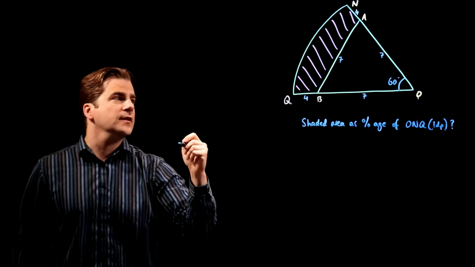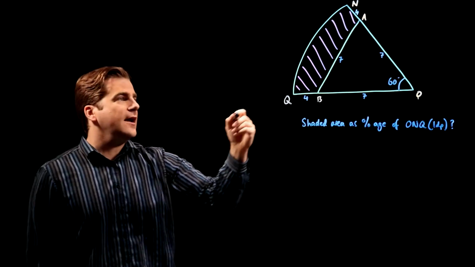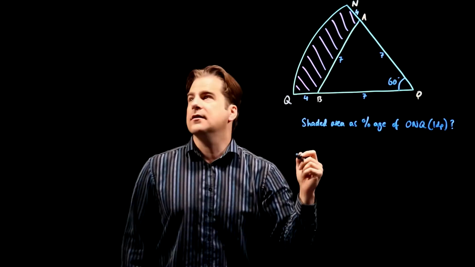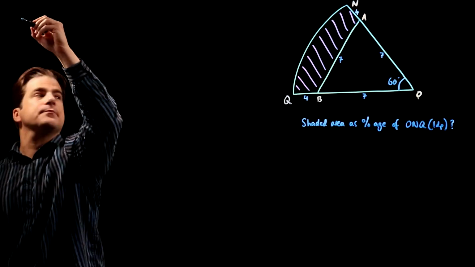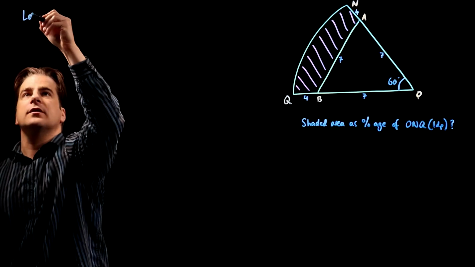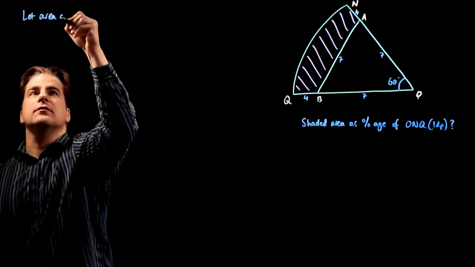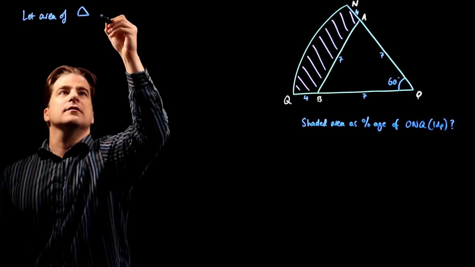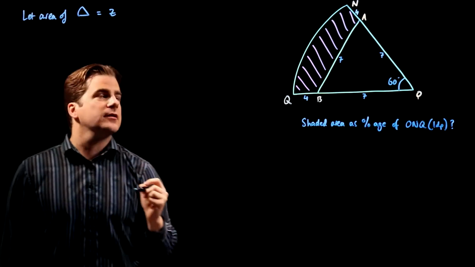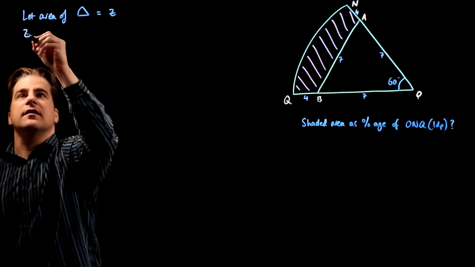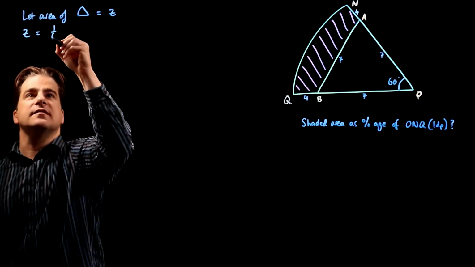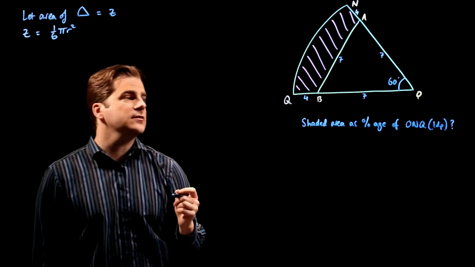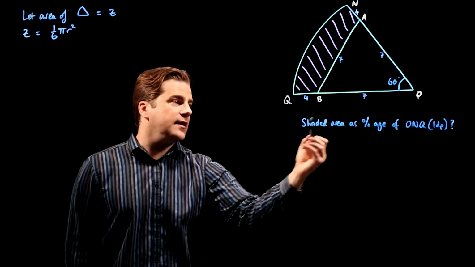So let's call the area of the whole thing Z. Let area of the whole thing equal Z. So Z is 1/6 of pi r squared, where r is the radius of the circle, and r is 11.